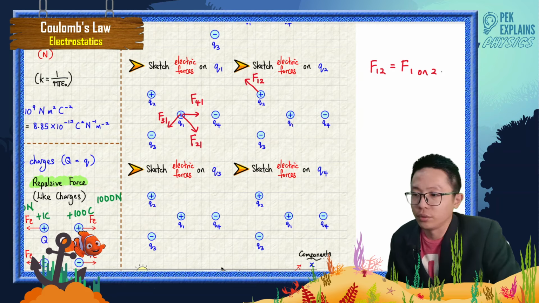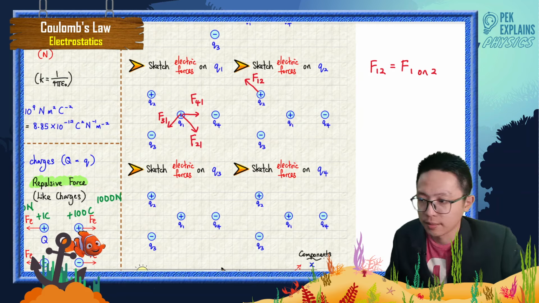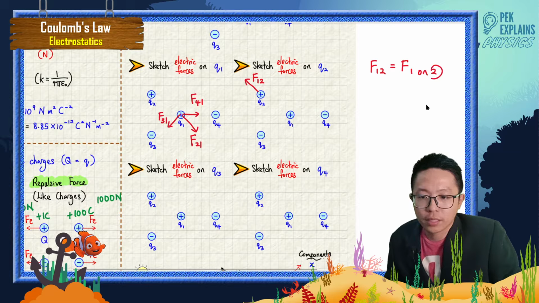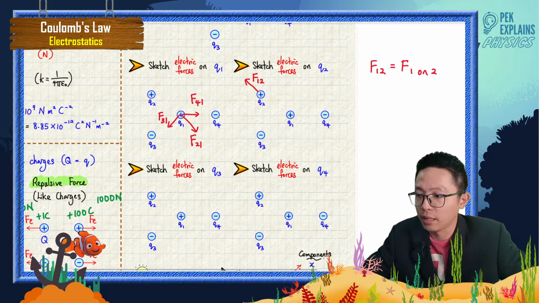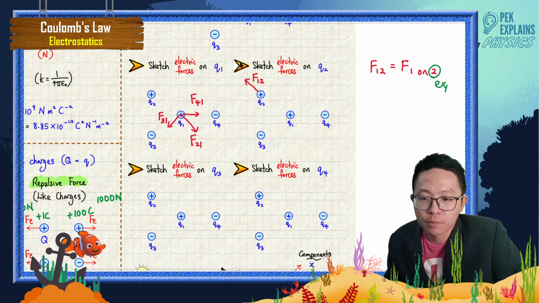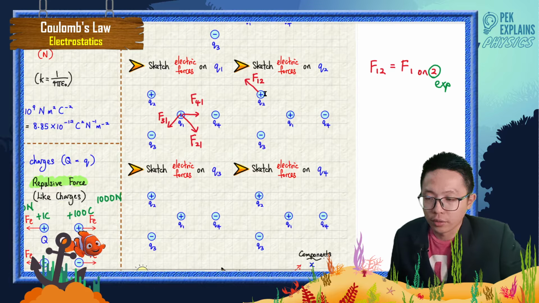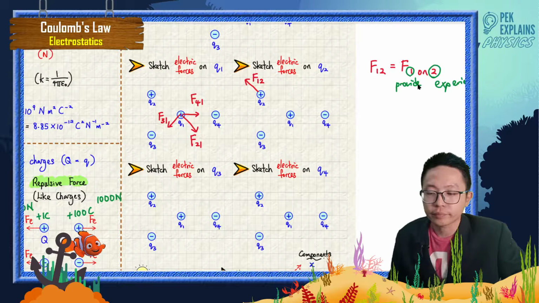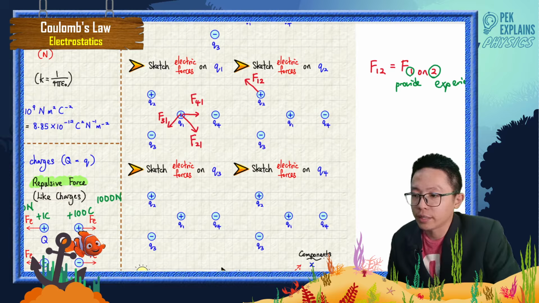So this 2 is the one who experiences the force. 1 provides it. Now what is F21?